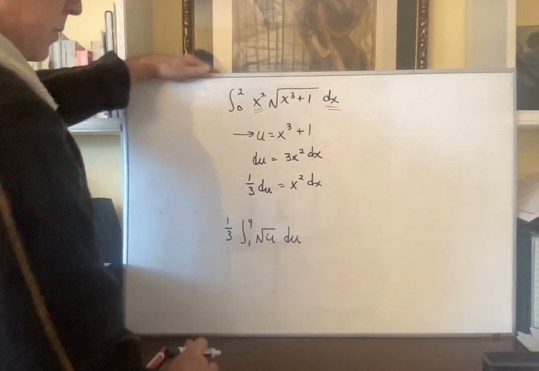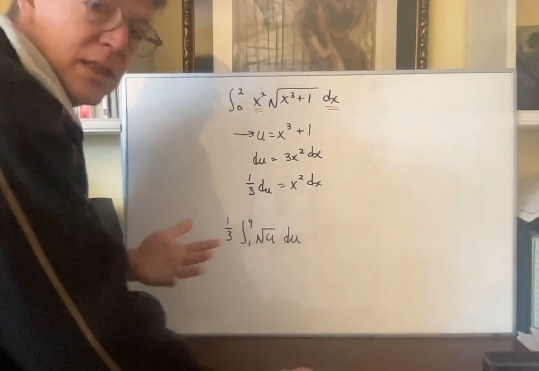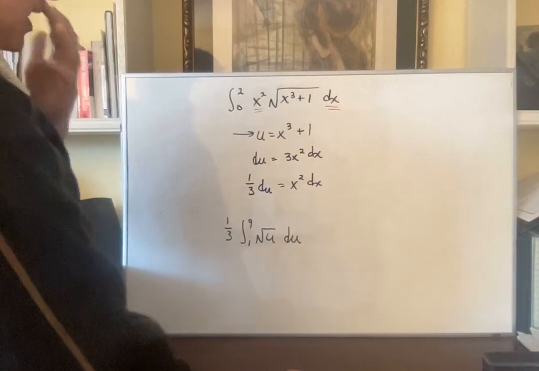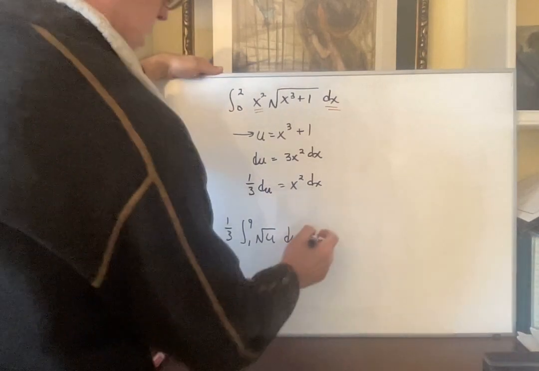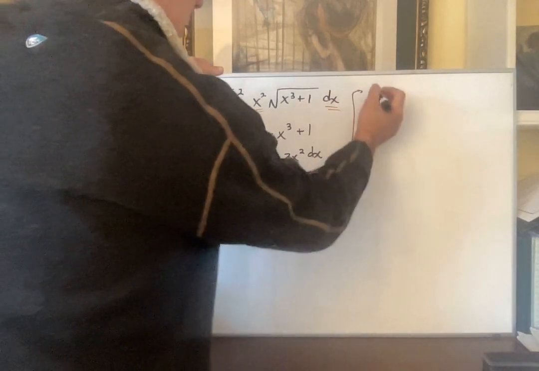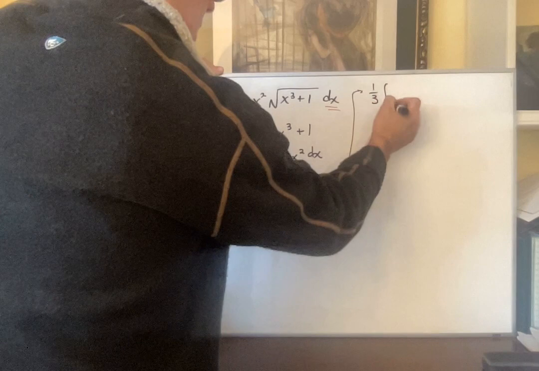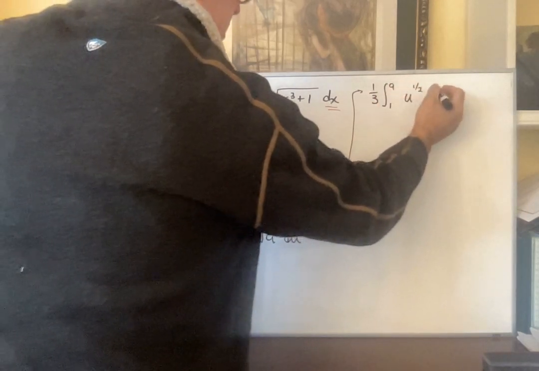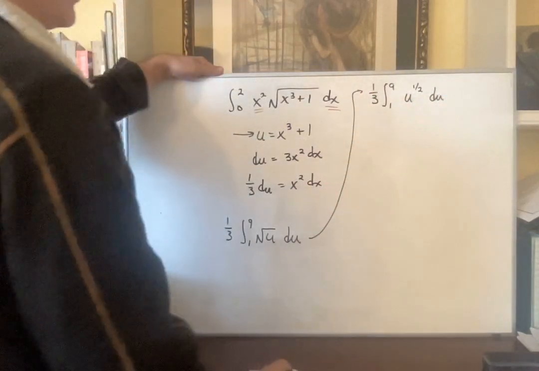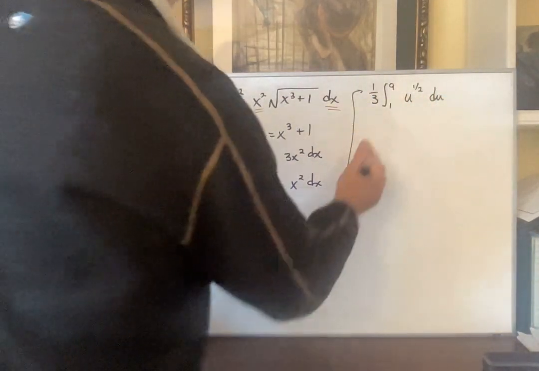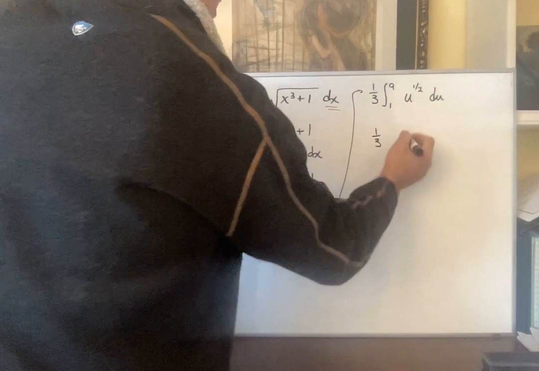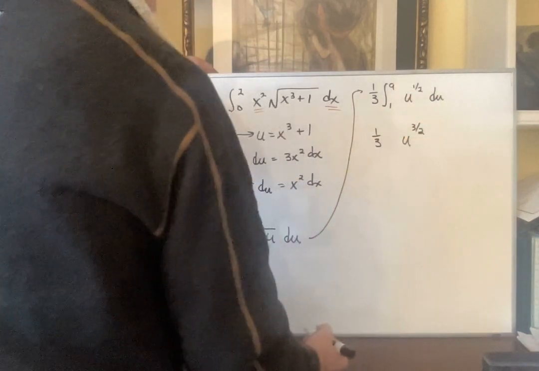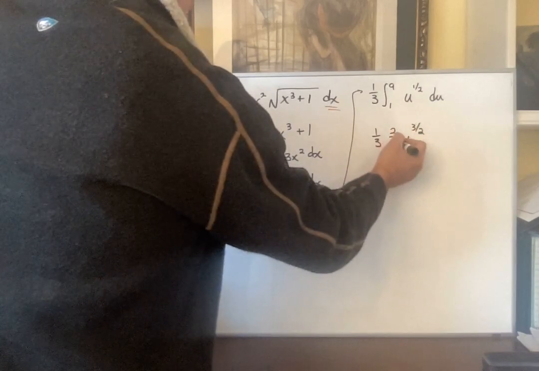And then everything else is basically the same, except that we're just going to be doing a little FTC action, which I'll do because I know you're not super experienced with it yet. So 1/3, 1 to 9. Whenever I do calculus, I turn everything into exponential notation. And then when I find the antiderivative, I add 1, that'll be u to the 3/2, and then I put the reciprocal out front.